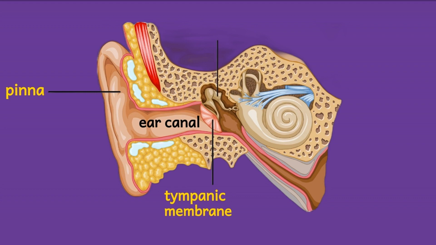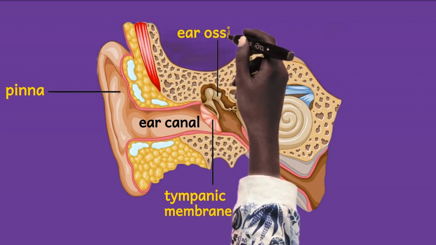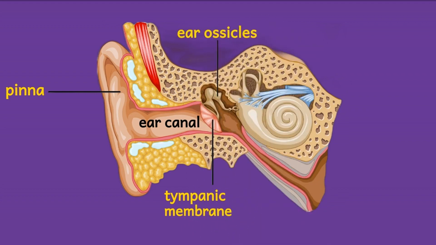Then next, we have the 3 ear ossicles seated in the middle ear cavity, as you can see, or the tympanic cavity. They are the malleus, the incus, and the stapes. So the amplified sounds are transmitted through these bones and finally into the inner ear.